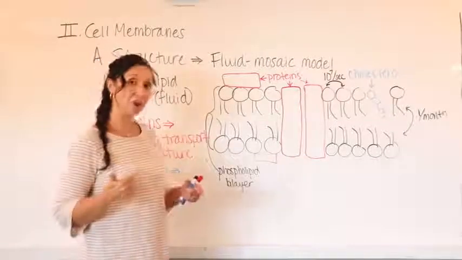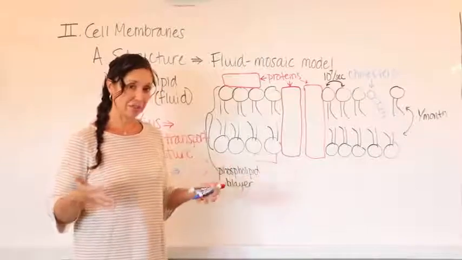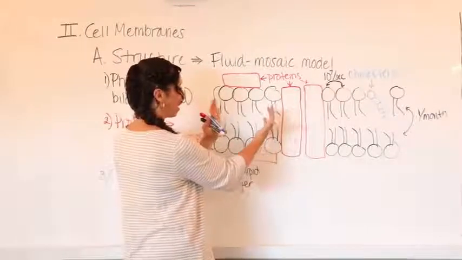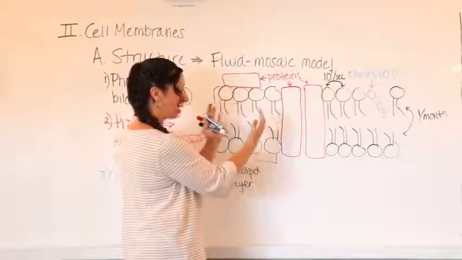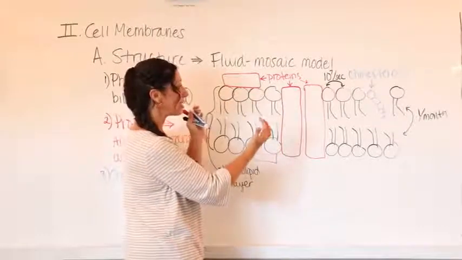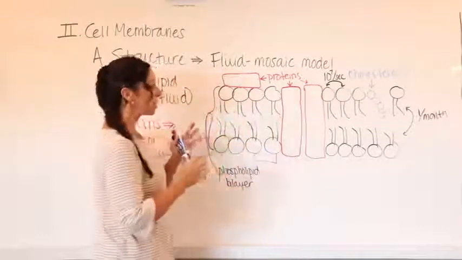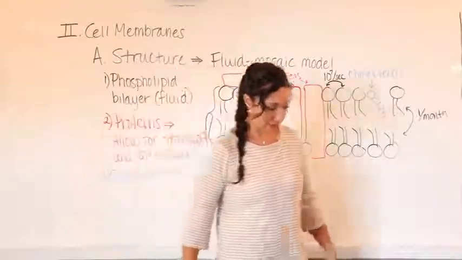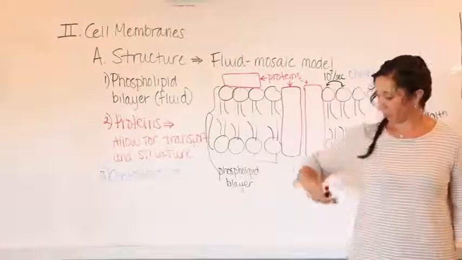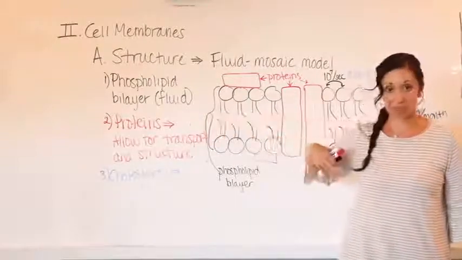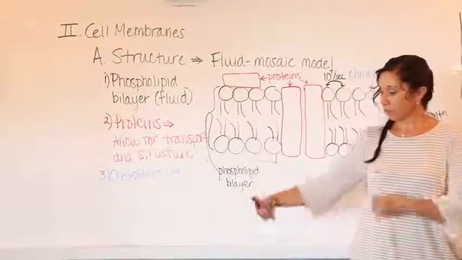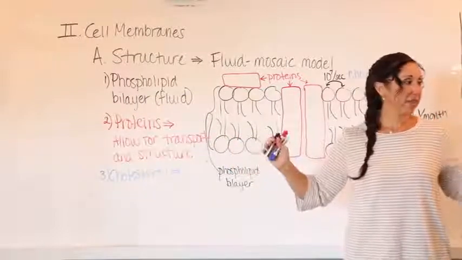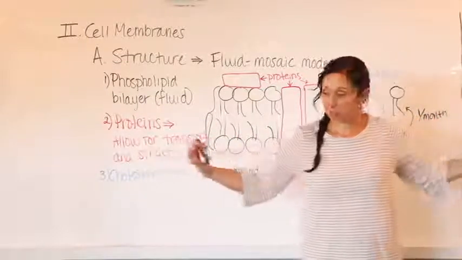So this helps prevent too much fluidity when it gets warm, and it does another thing too. When it gets too cold, everything starts to slow down. And these lipid molecules like to kind of conglomerate together, and they don't stack necessarily, but they do get tight. And what cholesterol does, if I'm a cholesterol here and I'm another cholesterol here, and there's nothing but phospholipids between us, those phospholipids can kind of get close together, but we're going to make sure that not every single phospholipid gets close together.